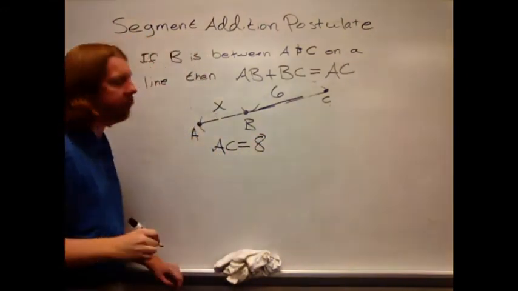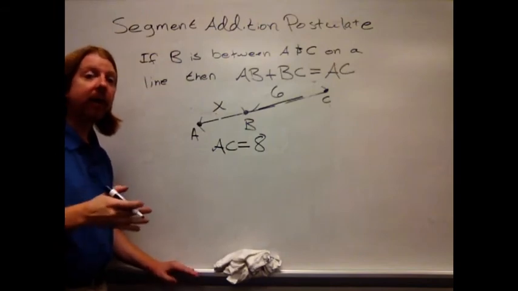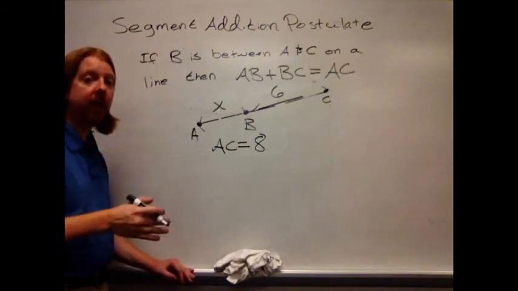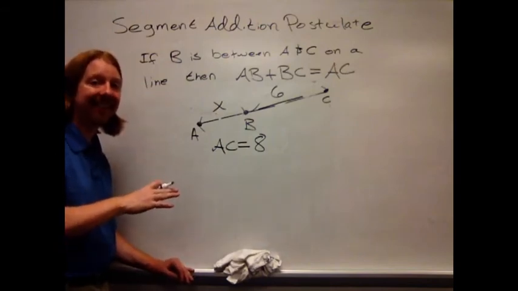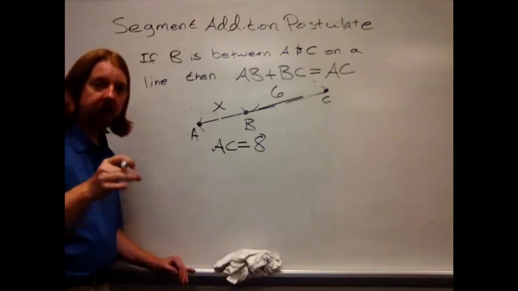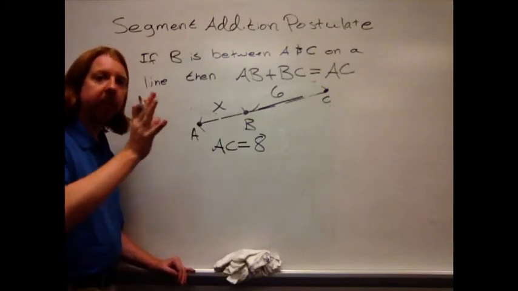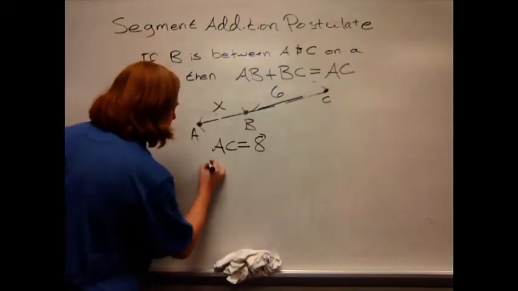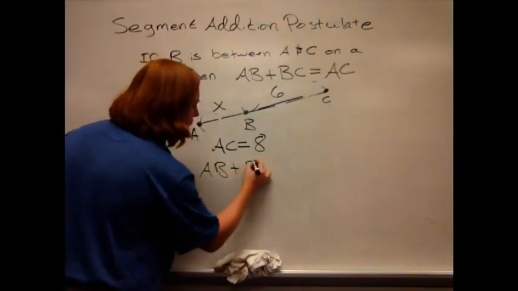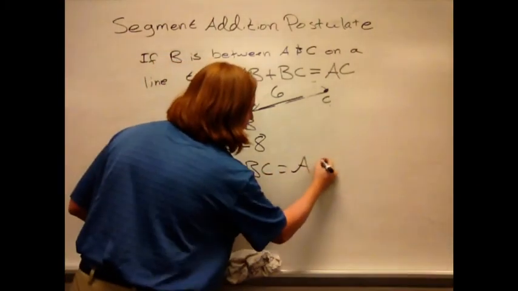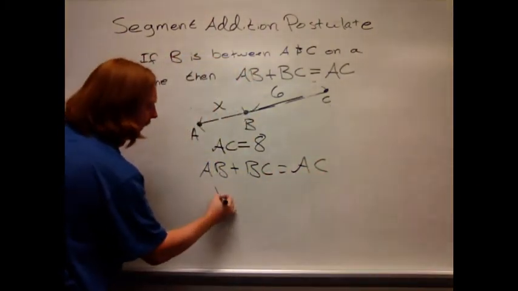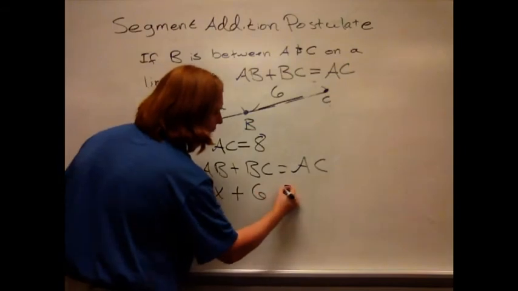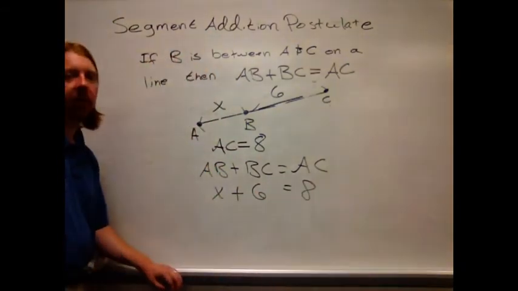We'll stick with 8 as a good number. Can I write an equation that will tell me how to find x? Follow the parts and whole. Part plus part equals the whole thing. So in this case, following this rule, AB plus BC equals AC. Therefore, x plus 6 equals 8.